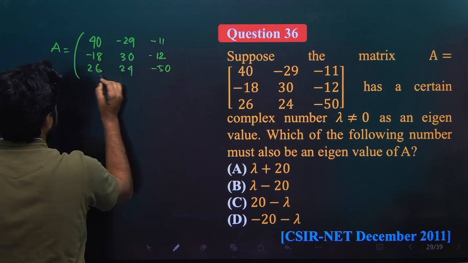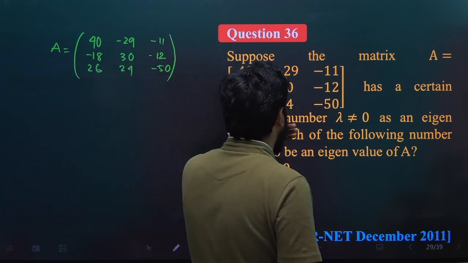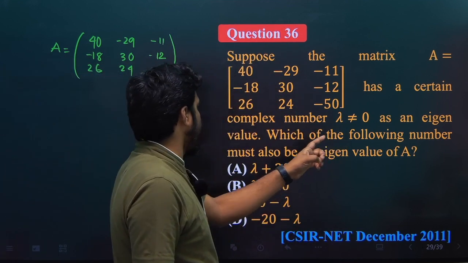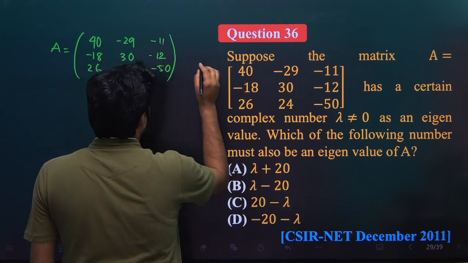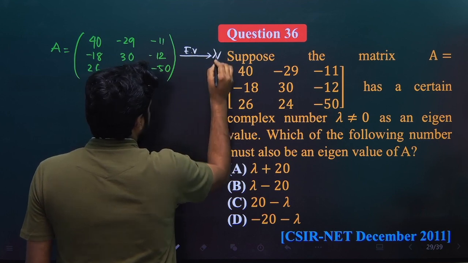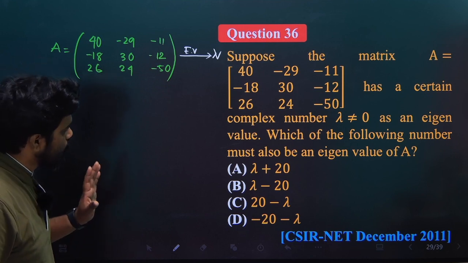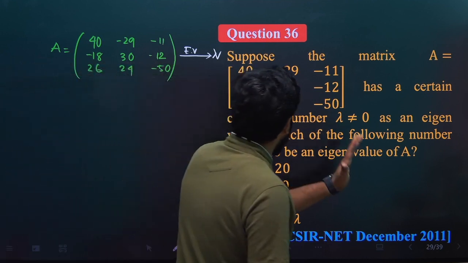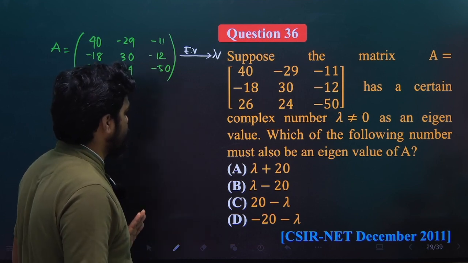So this is the matrix. It has a certain complex number lambda as an eigenvalue. Which of the following must be an eigenvalue of A?